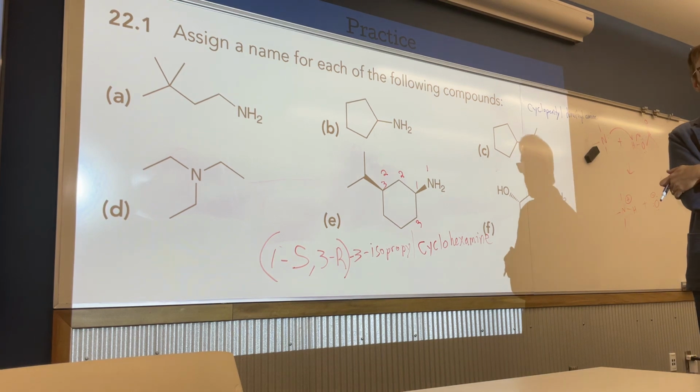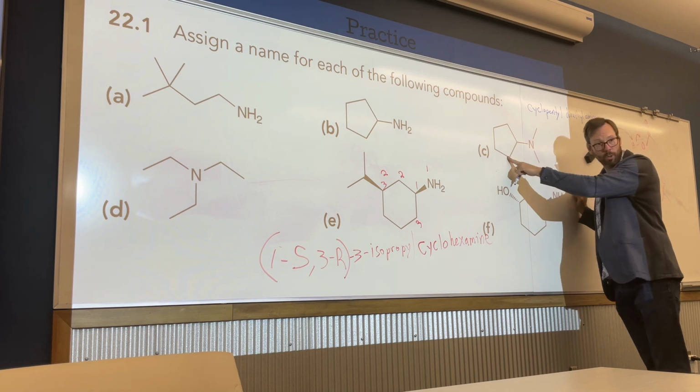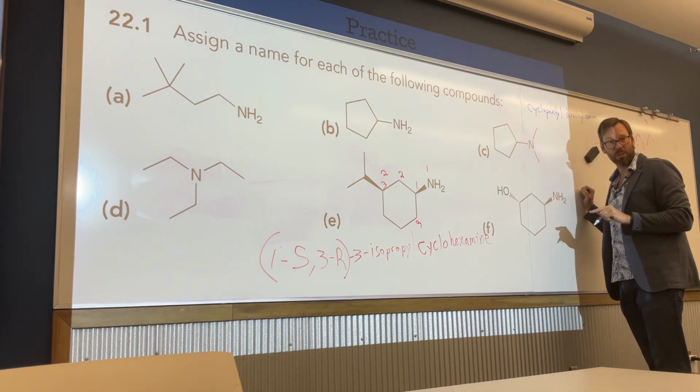cyclopentamine? It could be. I would accept that too. But if there was another substituent on the cyclopentyl group, then we have to decide on the parent. It depends on the substituent, right?